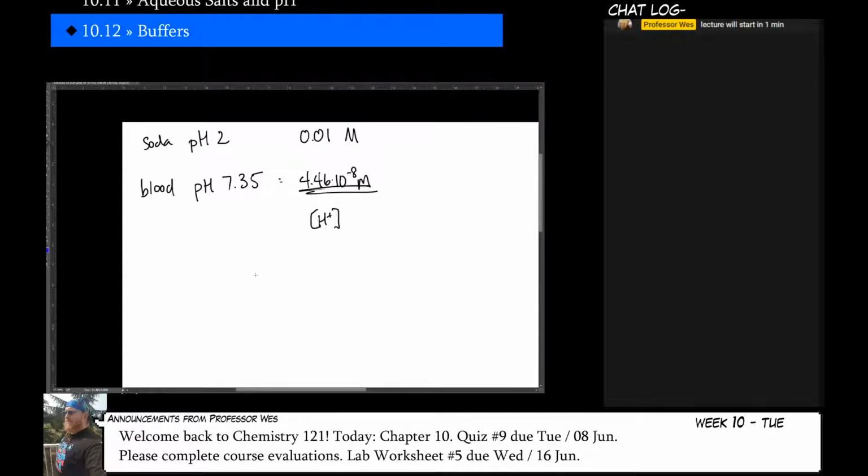So if I were to write these in as decimals, here's soda, and then blood. So you could imagine that a very small amount of soda would be needed to change this number significantly, right?